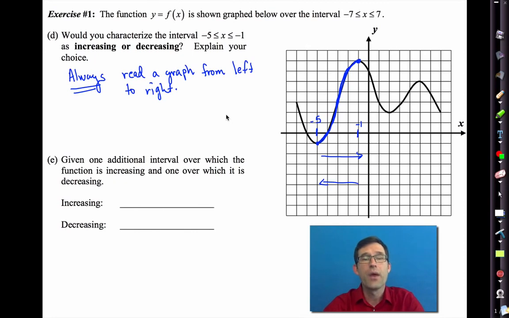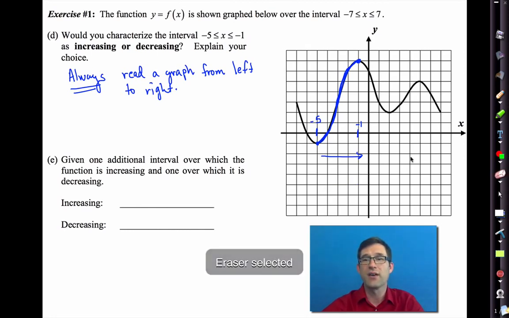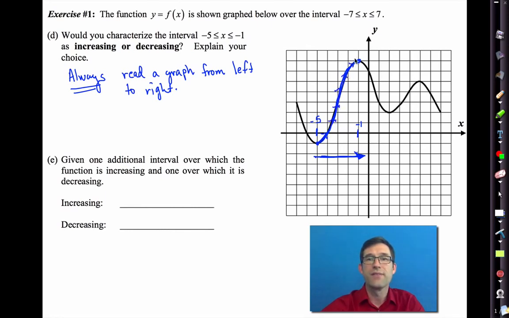It's very simple. When we read a graph from left to right, that guarantees that our x values are getting larger. Because implicit in this question really is, as the x values increase, does the function increase or does it decrease? That's what it's always about. Is the function increasing or is the function decreasing? And if we now get rid of this right to left motion, because that's not correct, and we go back to always reading it this way, then what we see is that the function increases.